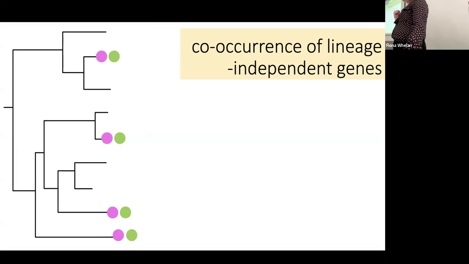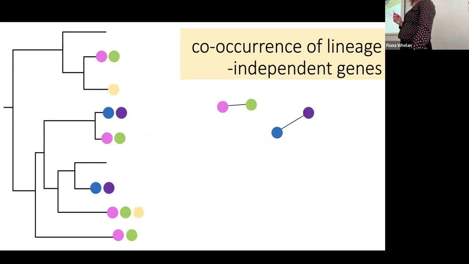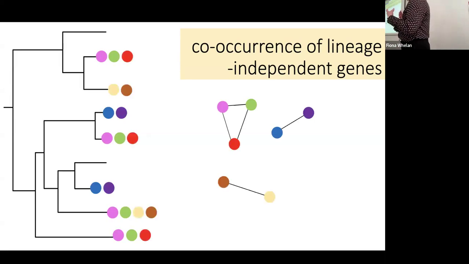And if that was the case, we would build them into our network as nodes and draw an edge between them. So that's the extent of my mathematical knowledge, right? So we built this up and did this for all the lineage independent genes within a given pangenome and would start to build these networks of co-occurrence relationships.